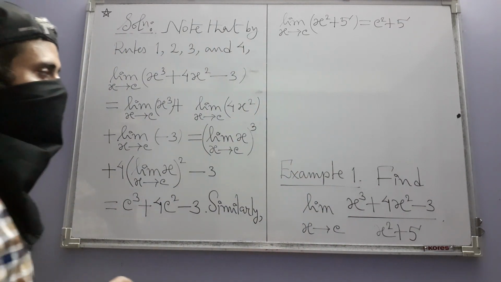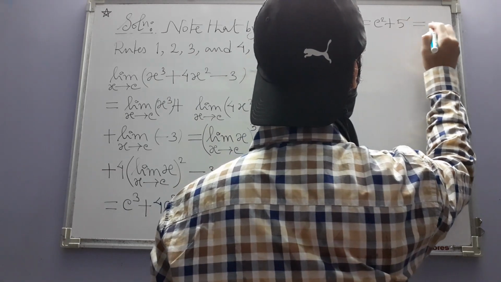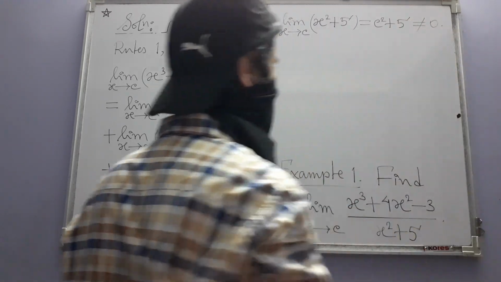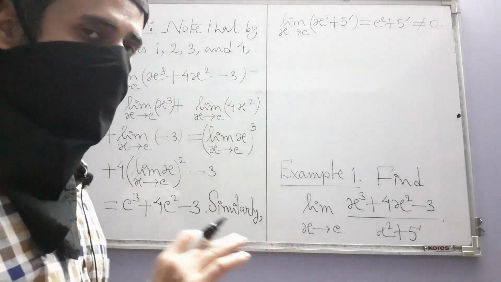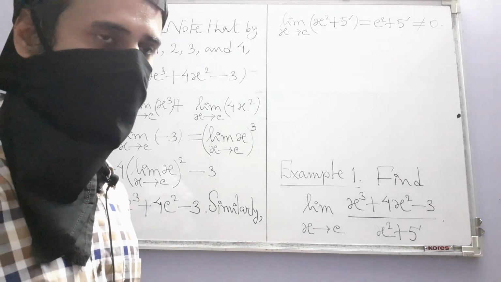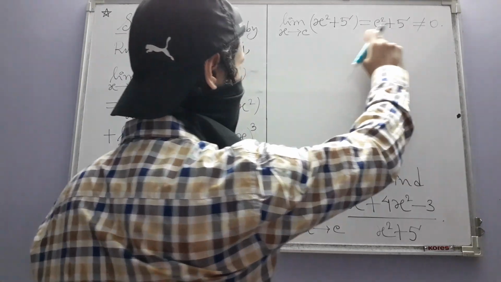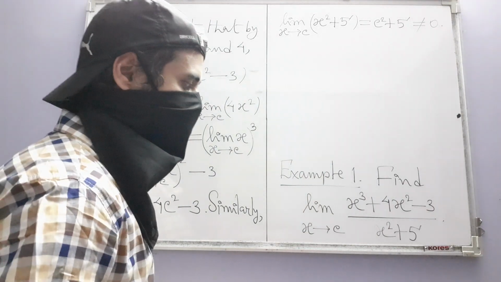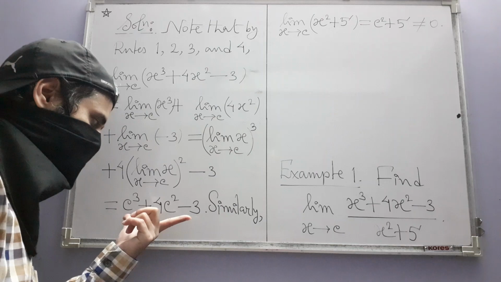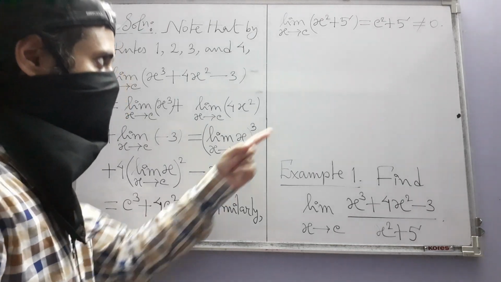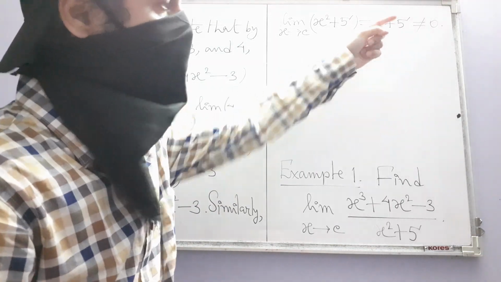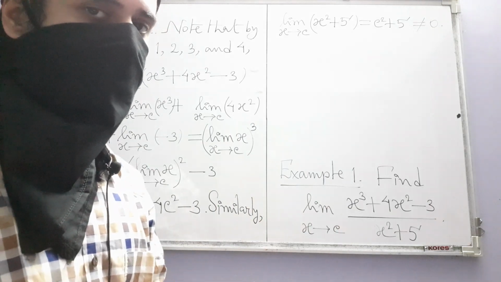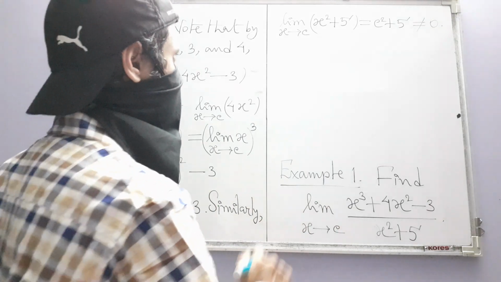And note carefully that this is not equal to 0. Regardless of what c is, this is never going to be 0 due to the structure of this expression. So if you are thinking of the numerator limit as L and this as M, then M is non-zero. So now we can apply the quotient rule.